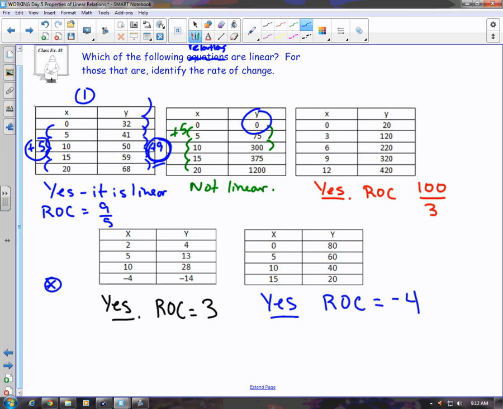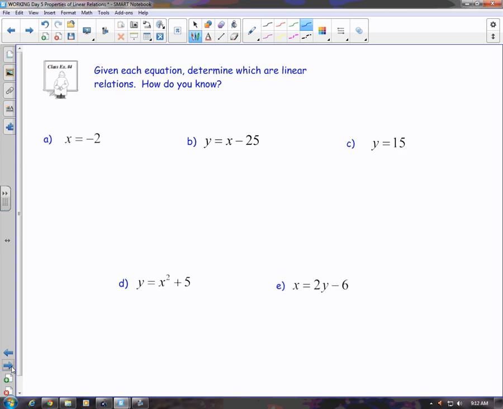Right. And then the last example in the notes. Okay, so the last example says, well, instead of given a table of values, if you're given an equation, how can you tell which ones are linear or not? Okay, and we're not going to necessarily look here at the rate of change, but how can we tell which of these 5 relations could be linear? All right, so there's 2 things that you can do.